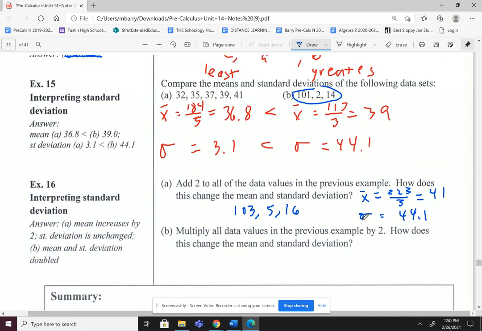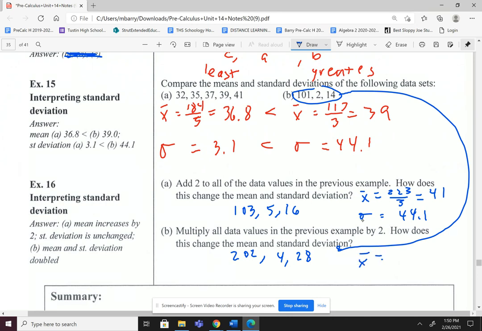Now, if I double them instead, so now it's 202, 4, and 28. So I'm doubling these numbers instead of adding 2. The mean now would be 234 divided by 3, which would be 78.